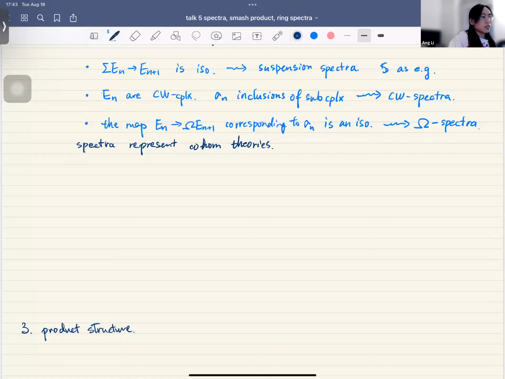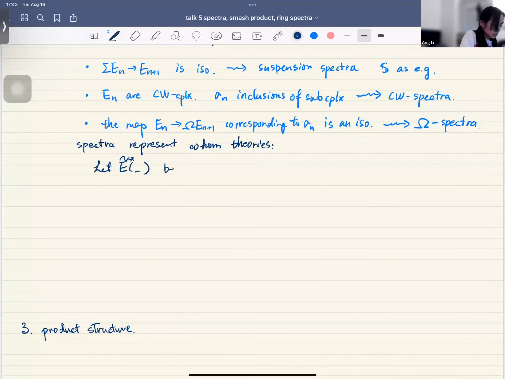Okay, so let me briefly write down the Brown representability theorem again. Let's start with a reduced generalized cohomology theory.